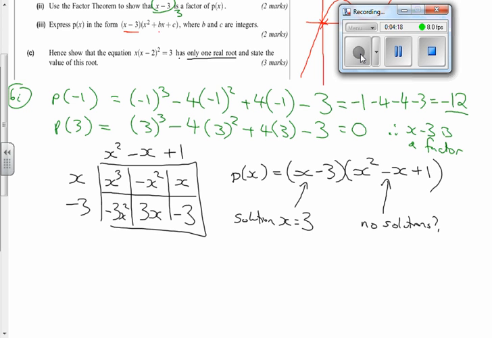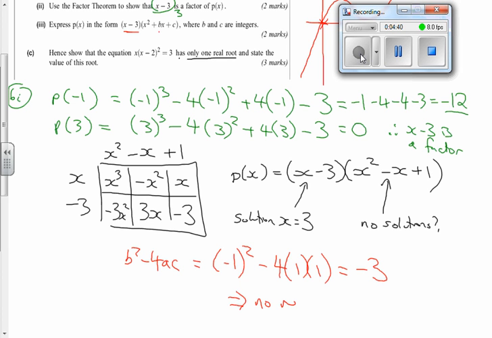Well, to show that it's got no solutions, we need to use the b squared minus 4ac. b squared minus 4ac is equal to minus 1 squared minus 4 lots of 1 lots of 1. That's 1, take away 4, which is minus 3. It's negative, and so that implies that there are no real solutions to that part there. That's what they were asking us to do.